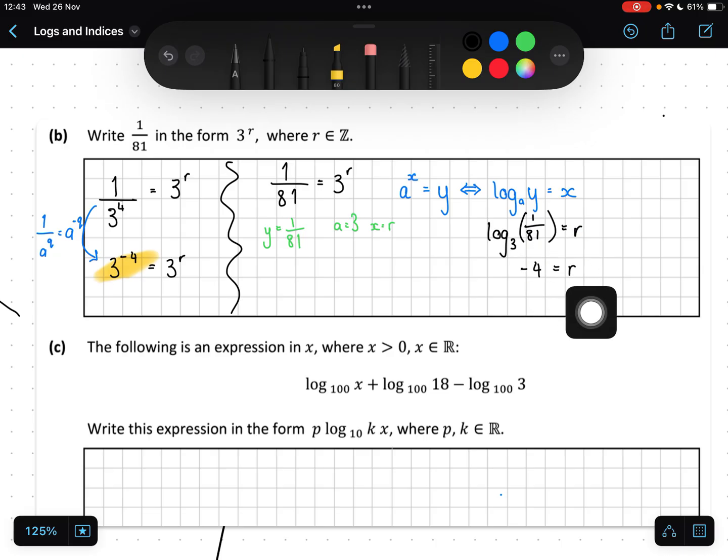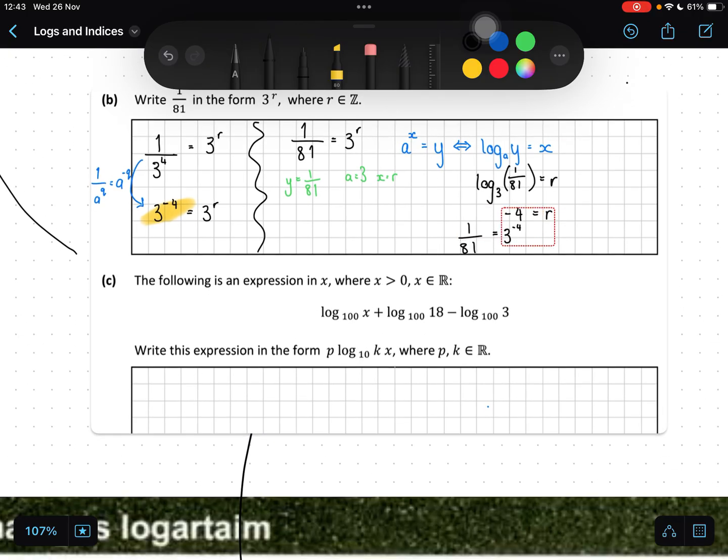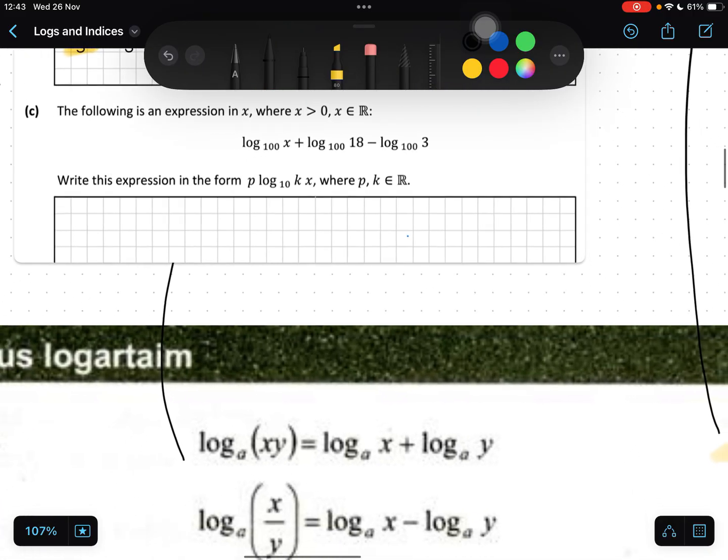Again, they didn't ask you for r. They want you to write 3 to the power of r. So don't forget that the question isn't finished until we write in that it's 3 to the power of minus 4.